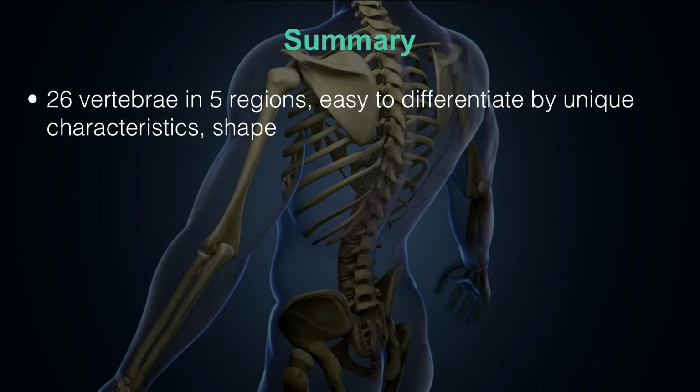If you counted all the individual vertebrae that would have fused, there are 33. But 26 independent vertebrae. And I only make that point about 33 because in the next song that I want to play for you, I refer to 33 vertebrae. So that's why they don't add up.